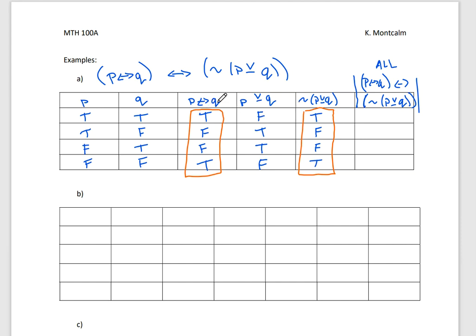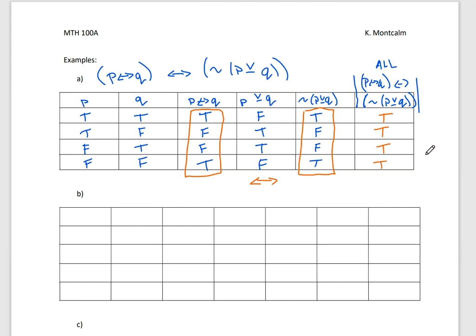So we know that these two are equivalent statements, but to show equivalence in our logic functions, we connect them with a biconditional, which is what we have here. And when we do that, remember, a biconditional is true when you have the same values. So if I move forward in my last column, I'm connecting these two statements with a biconditional. True biconditional with true gives me true. False biconditional with false gives me true. False biconditional with false gives me true. And true biconditional with true gives me true.